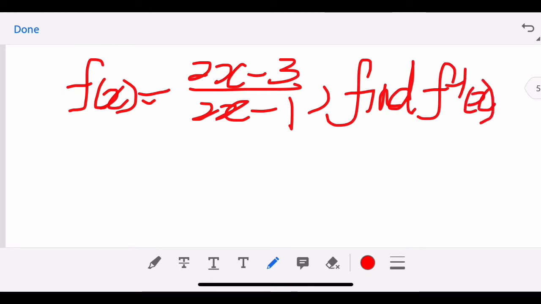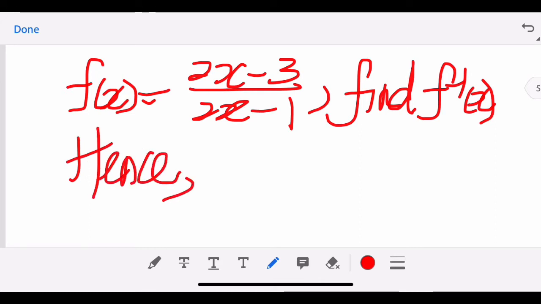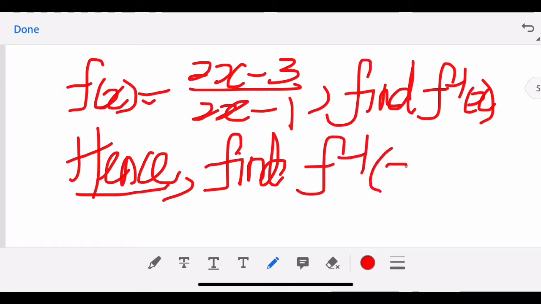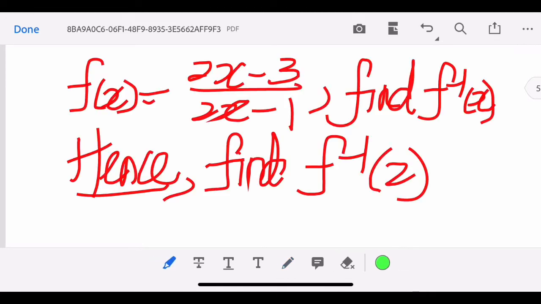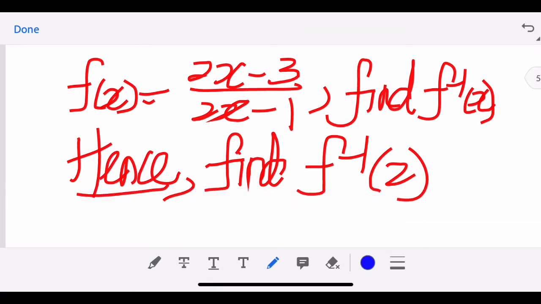So guys, how are you going to do? You still remember, right? The question also always likes to start with the word hence. This is a very important keyword. Find f inverse of 2. My dear students, I would like to remind you, when you see hence, it's very important for you to highlight it.